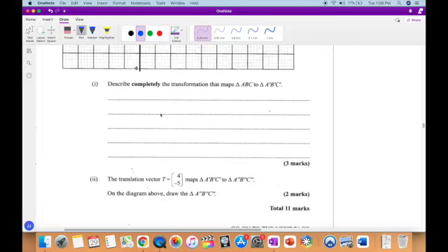So a rotation of 90 degrees clockwise about the center origin (0, 0).